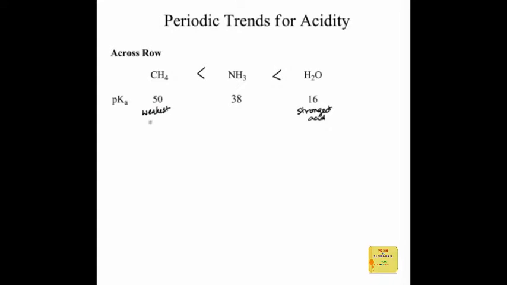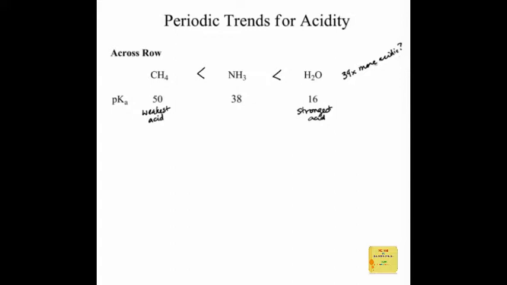Now let's take a quick note about pKa's. Let's take a look at the difference here, 50 to 16. That's a difference of 34 pKa units. Does that mean that water is 34 times more acidic than methane? That would be pretty significant.